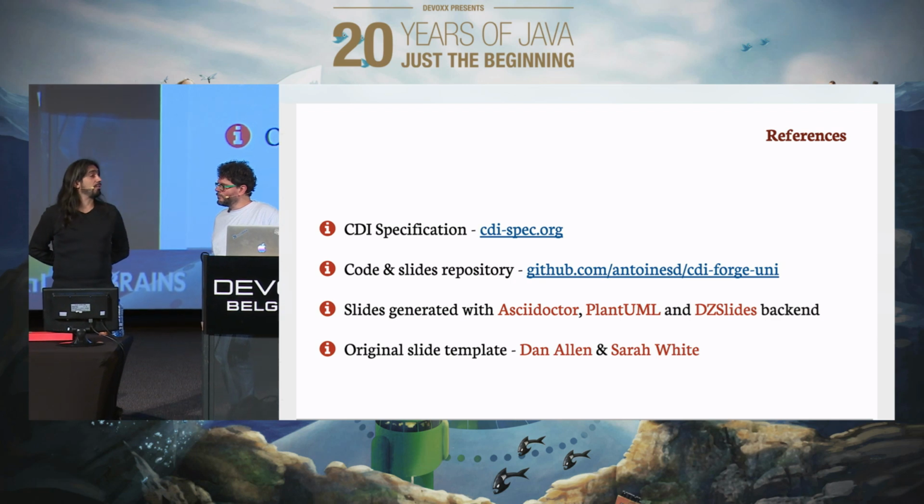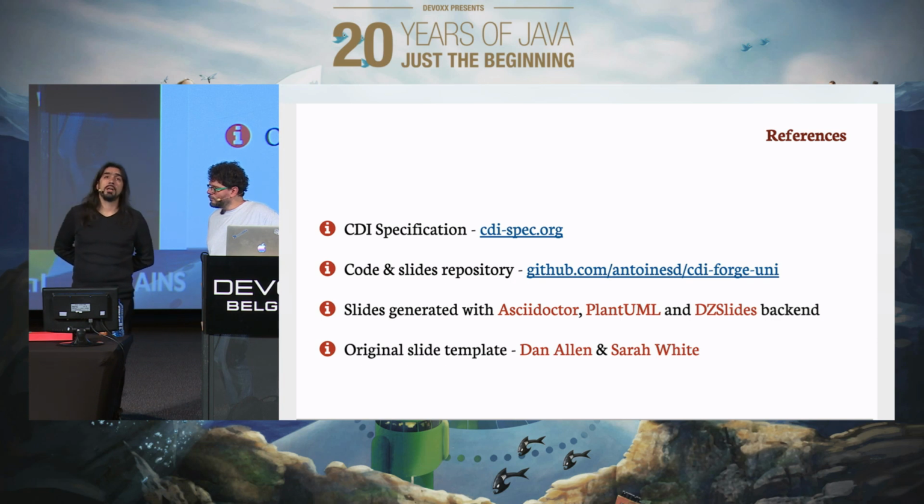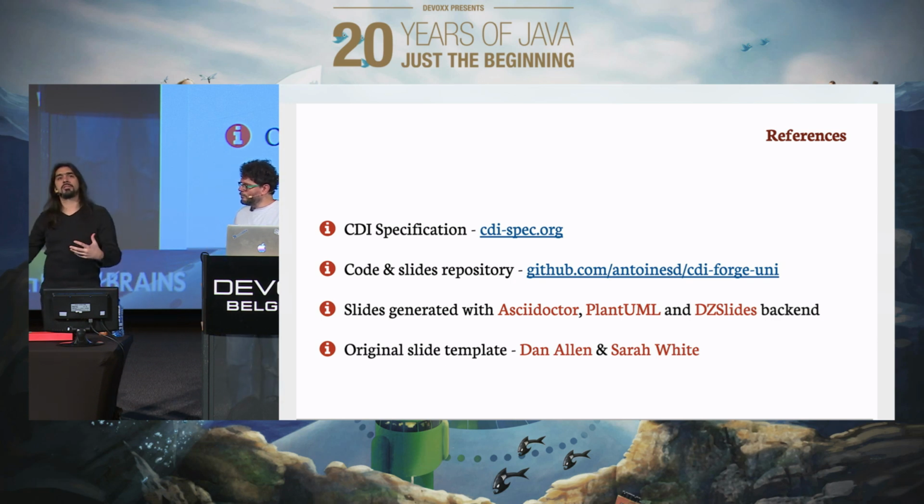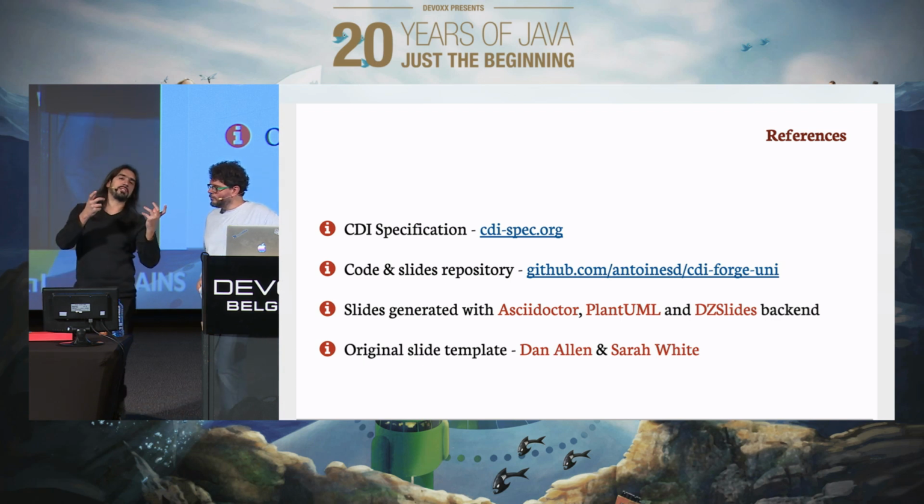And actually, there's one very interesting use case: Antoine wrote an extension for metrics. So you just take the metrics library, you put it in your WAR file, and with this extension, you just add a metrics annotation, and it will work.